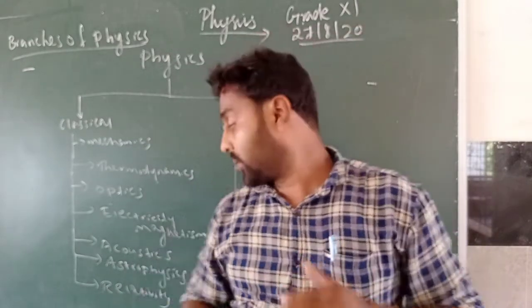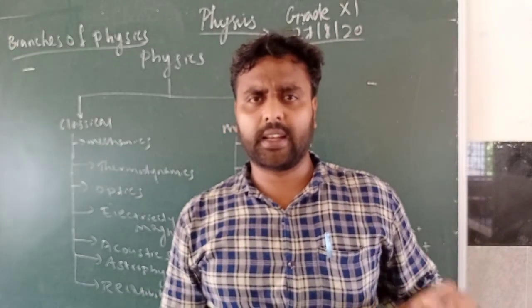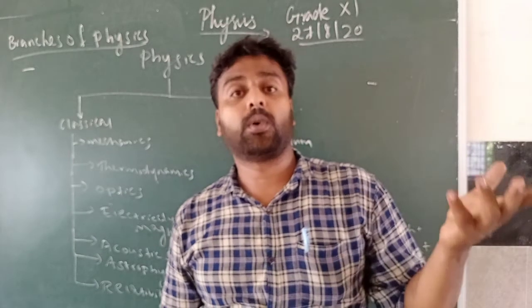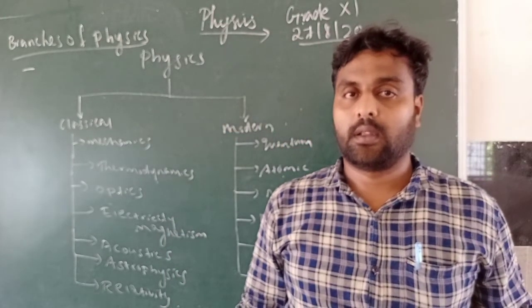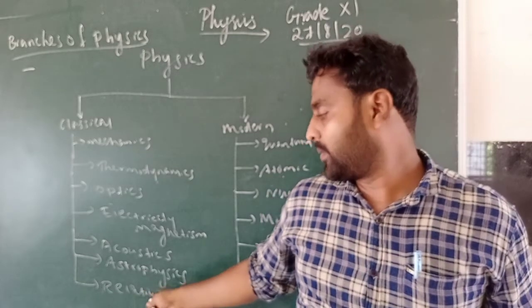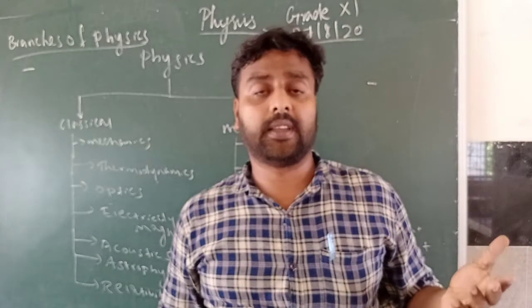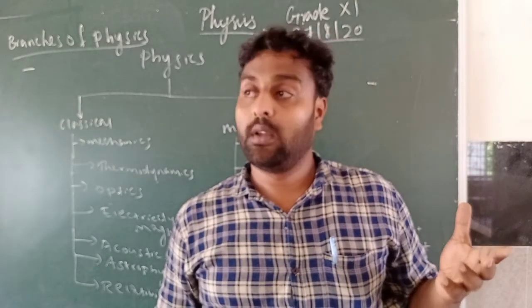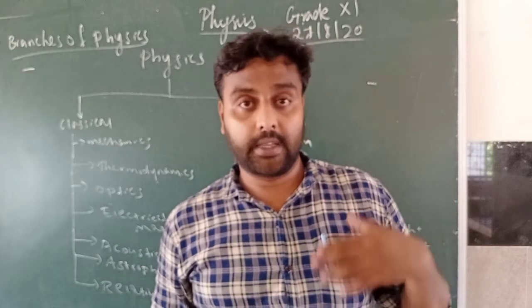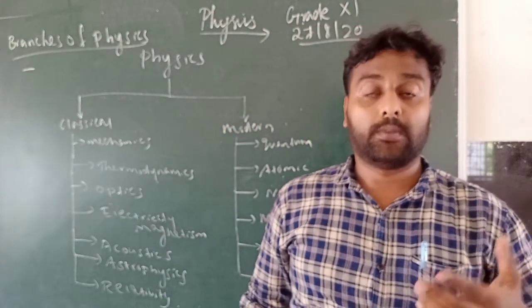And the next one is relativity. Relativity, as I told before, Sir Albert Einstein produced this theory of relativity in 1905. Sir Albert Einstein gave the theory of relativity, E is equal to mc square.